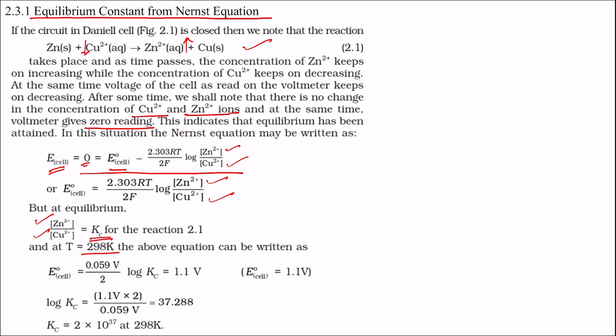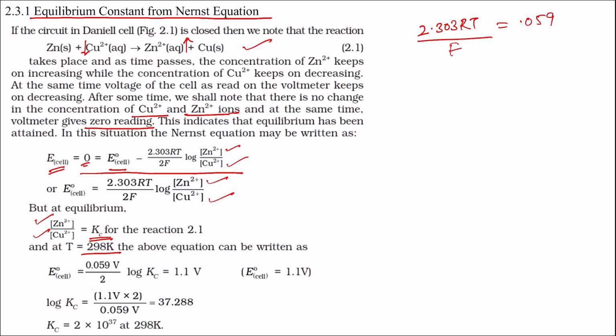At 298 Kelvin, putting the value of R, temperature equal to 298 Kelvin, and the value of the Faraday constant as 96500 coulomb, 2.303 RT by F is equal to 0.059.